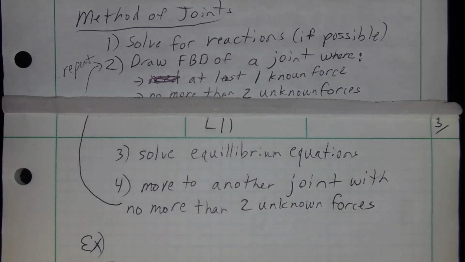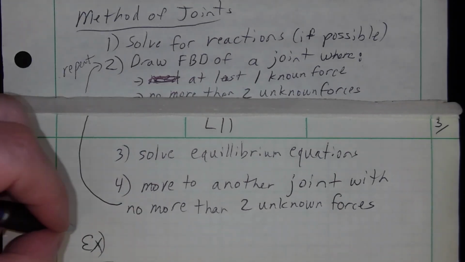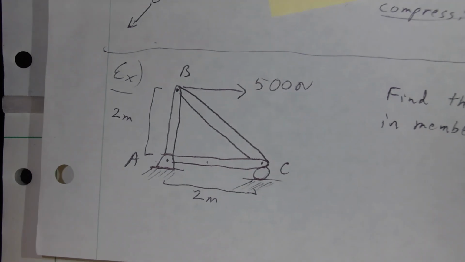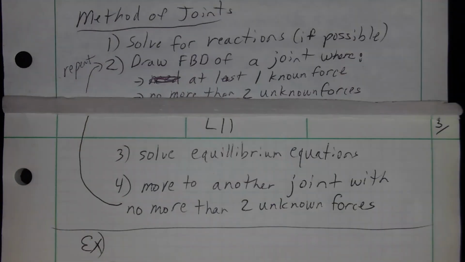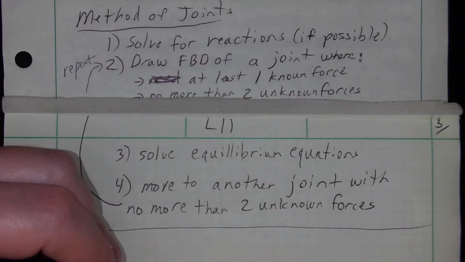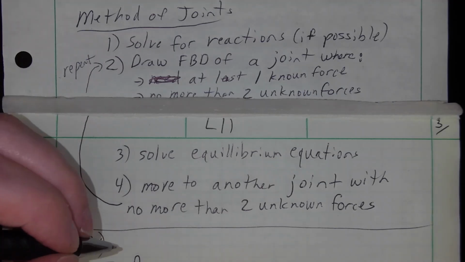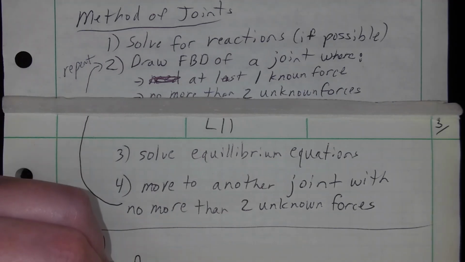All right, so let's look at an example. I'll show you what I'm going to draw. Okay. Simple triangle. Very simple truss problem. Draw a vertical member here. We'll put it on a pin. We can put this first member outside the pin.